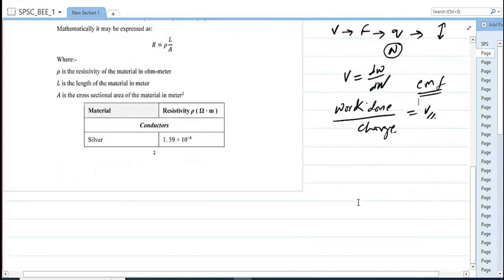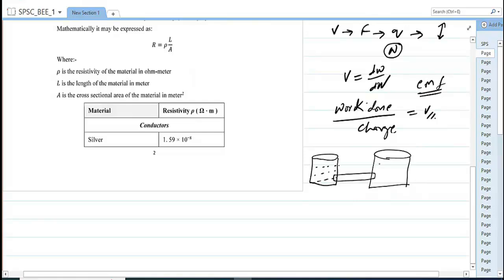One analogy for EMF is also this: these are two water tanks located on the top roof, and let's say they are connected with a small pipe like this.